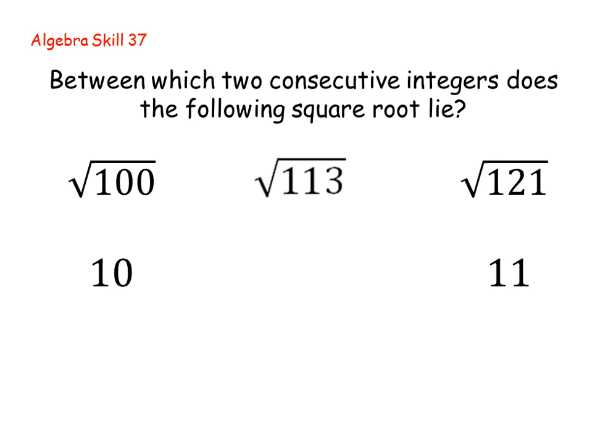So therefore, the square root of 113, I don't know exactly what that is, but I know that it has to be in between 10 and 11, because 10 times 10 is 100, 11 times 11 is 121, and 113 is in between 100 and 121. So this will be somewhere in between 10 and 11.